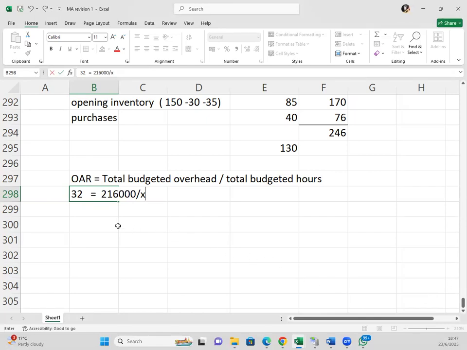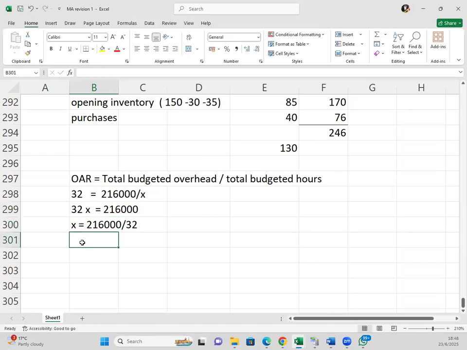From my maths class, I remember if you are looking for X where it is a fraction, the first step is to cross multiply. That becomes 32X is equal to 216,000. Then to get your X, you divide by 32. So that's 216,000 over 32.